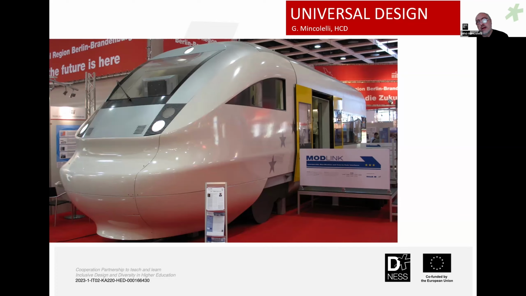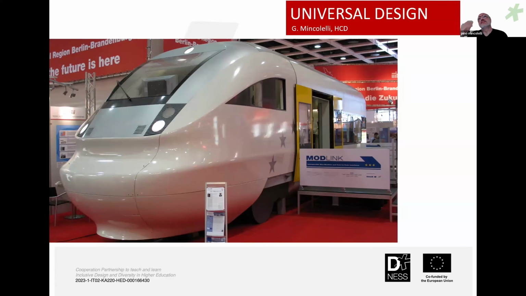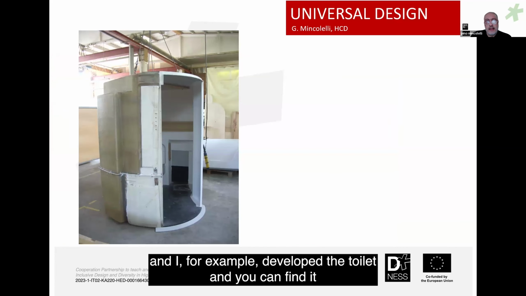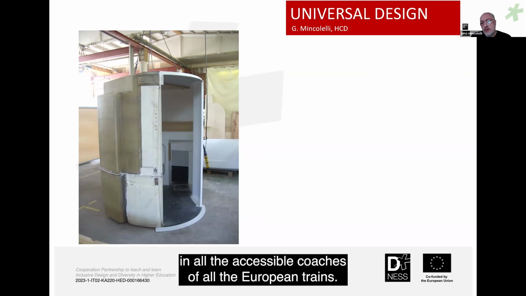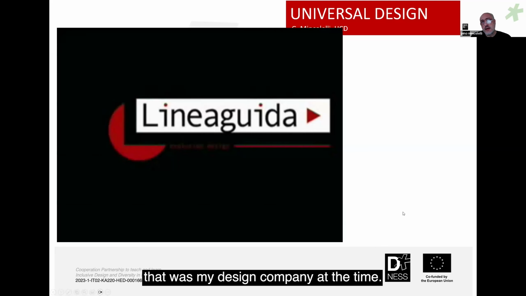It was a European project called Modeling, and I was responsible for the development of the design of the accessible coach and the system. For example, I developed the toilet that you can find in all the accessible coaches of all the European trains. And it was based on this concept. Linea Guida was my design company at the time.